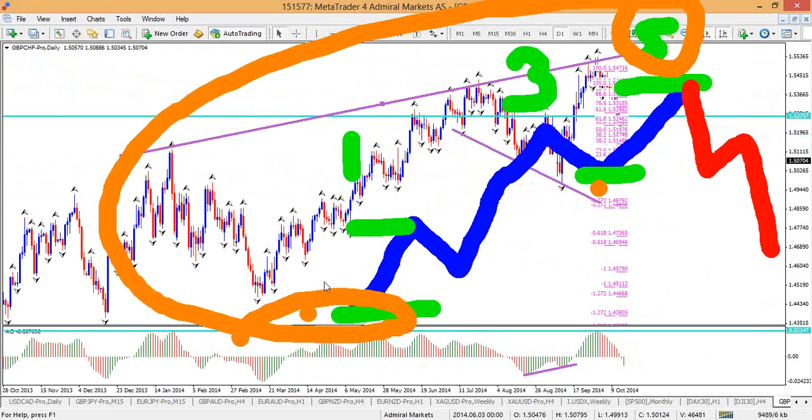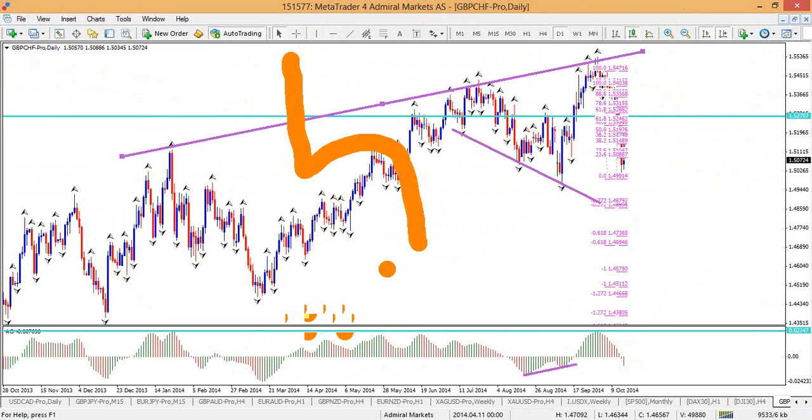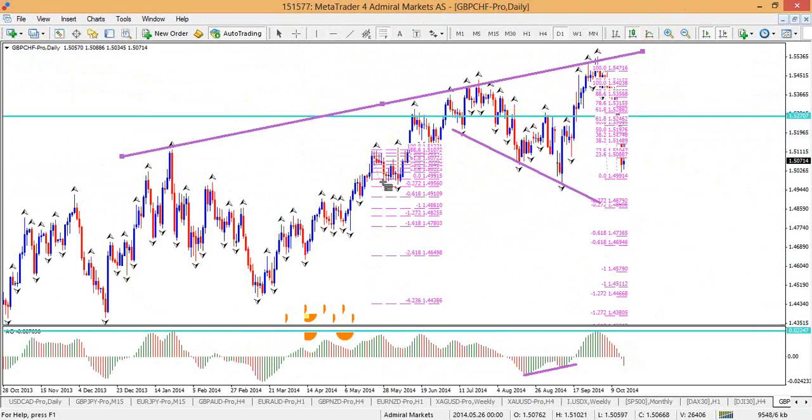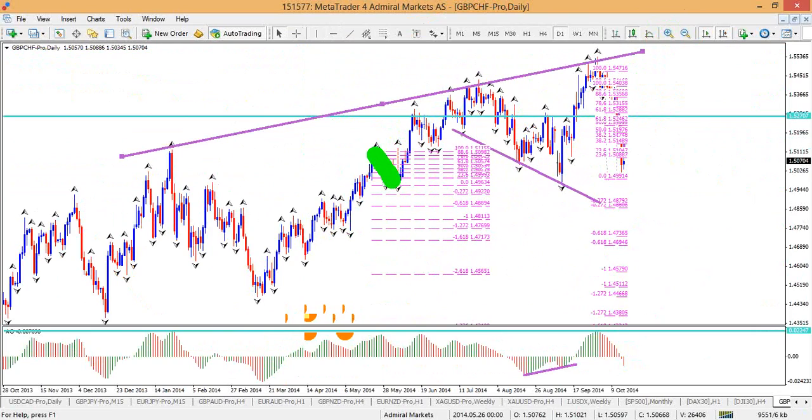And if you have an ABC correction, you want to be careful of fibbing wave B, for instance, because the price will go against you. You want to be careful with fibbing against the trend. For instance, if you put a fib like this to the downside here, well, price didn't continue lower.